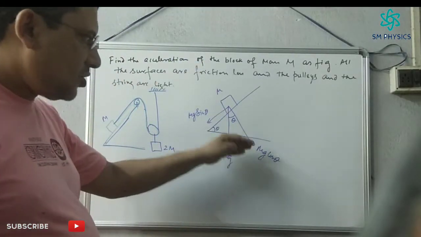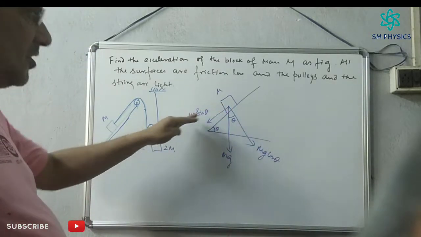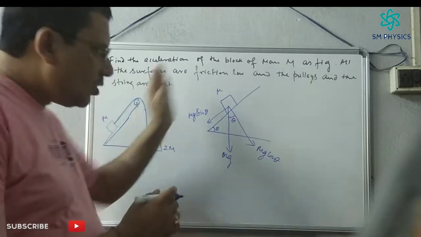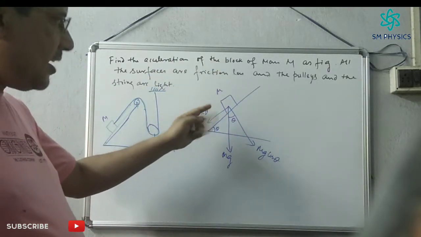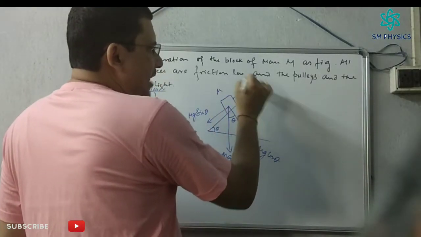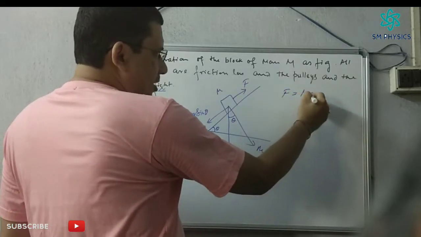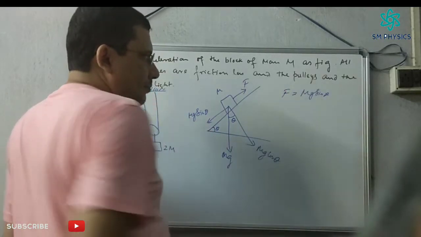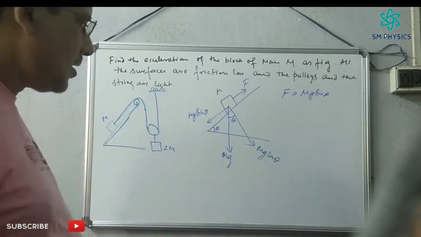So if the body is in equilibrium, and suppose a force F acts this way, then F equal to mg sin theta.